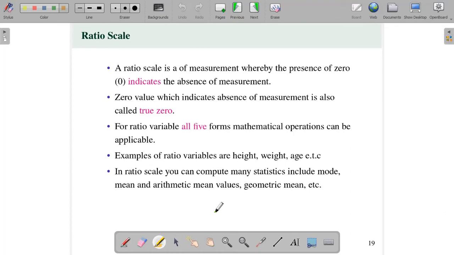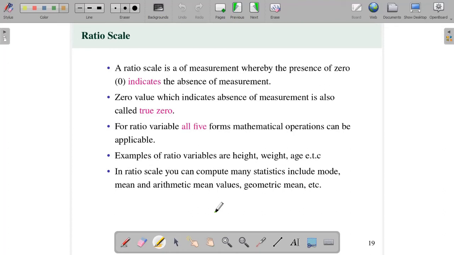Why? Because the presence of 0 here indicates absence of measurement. So something like height: if height is 0, no height. If weight is 0, no weight. If distance is 0, no distance. If velocity is 0, no velocity. And so on and so forth.